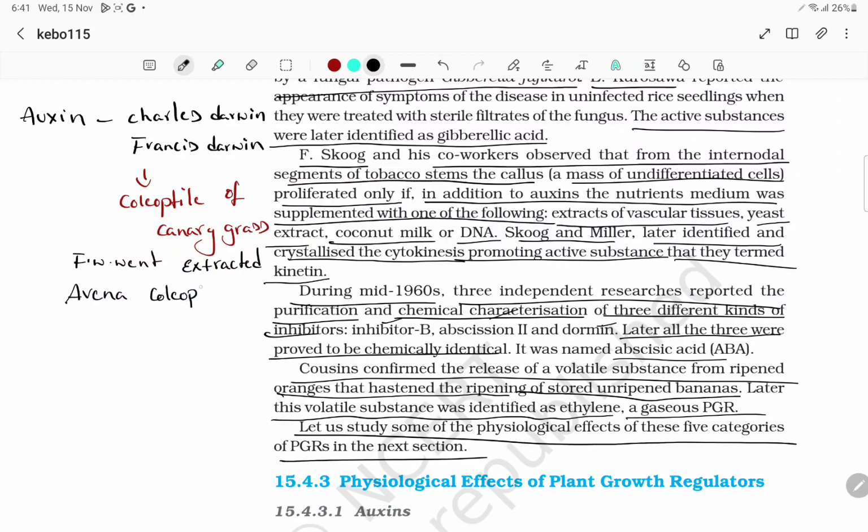Next scientist is for gibberellic acid. This was seen in Bakane seedling disease of rice. This name is Kurosawa.